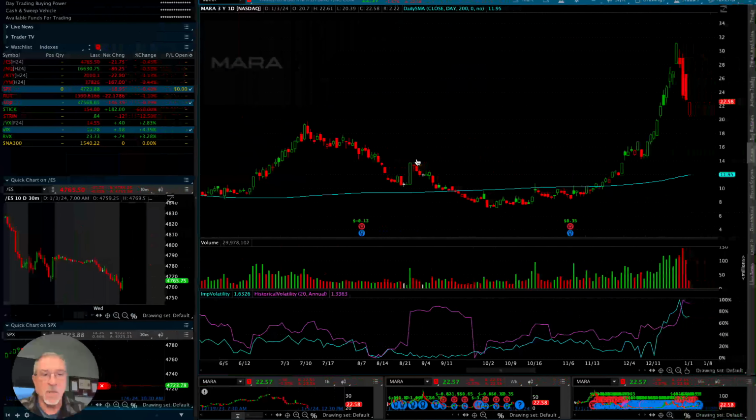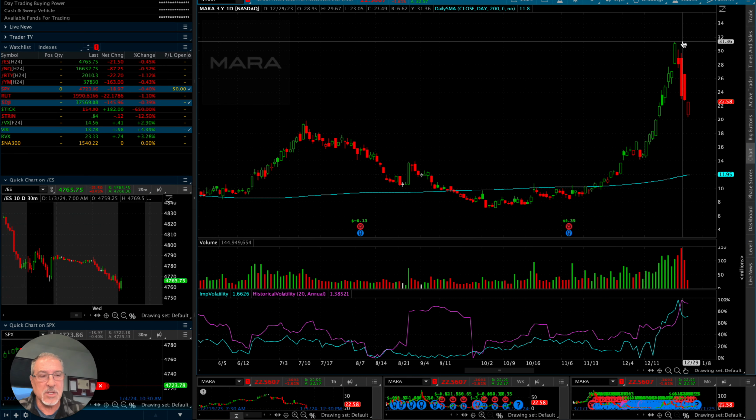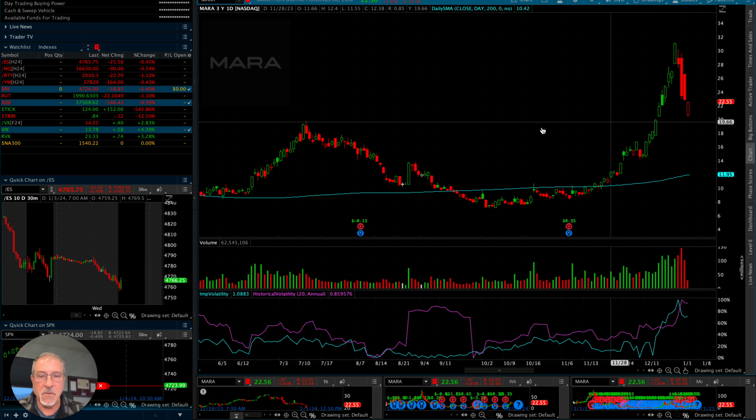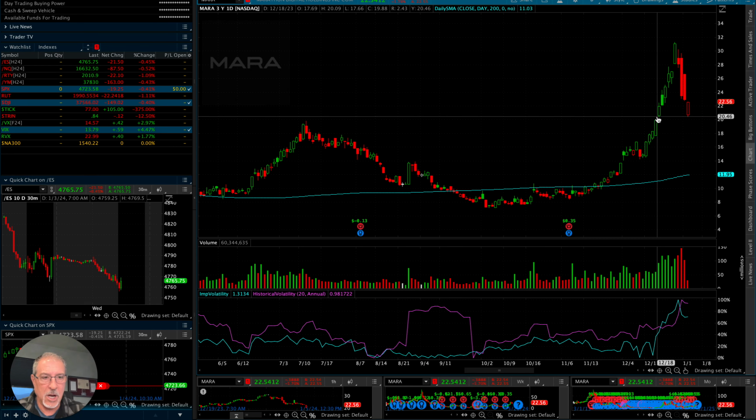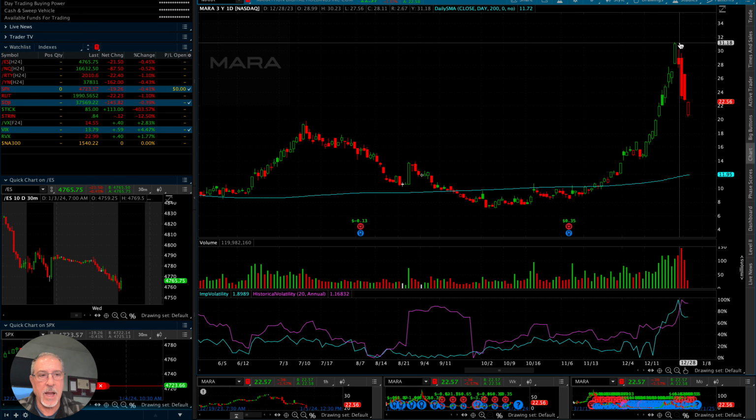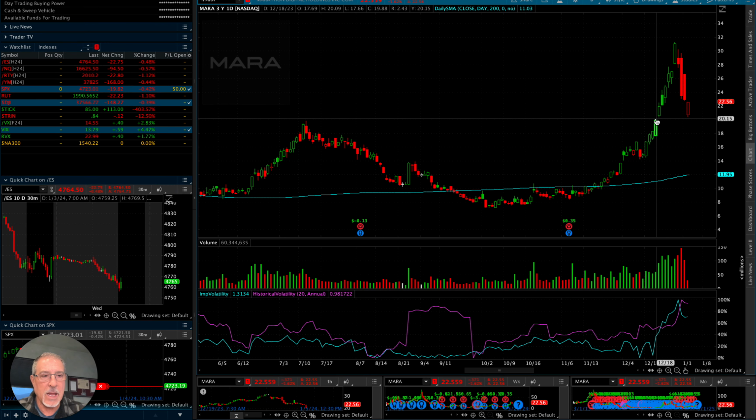But if I come over and take a look at a chart, I can see that this thing, first of all, was ripping here for a number of days. Then it had a pretty significant pullback. But look at that pullback. It pulled back right to a prior peak, which it blew through here on a gap up and ran, and it came all the way back and filled, or close to filled, this particular gap right here.